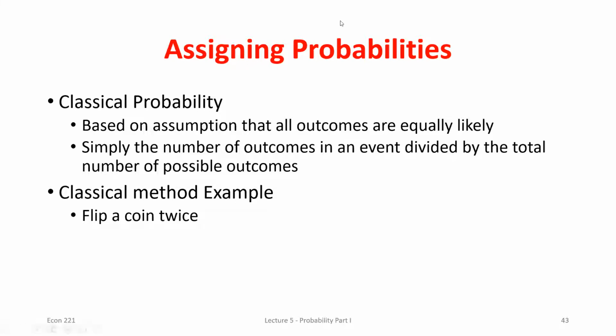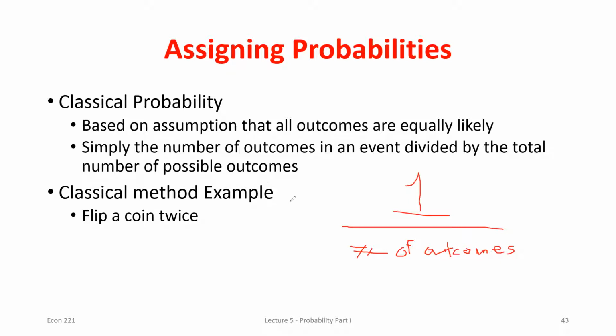I'm really just saying the probability of any one event is 1 over the number of outcomes, right? So write that down: 1 over the number of outcomes, okay? That's all we're doing with that classical method, right? So that should be pretty easy, right?